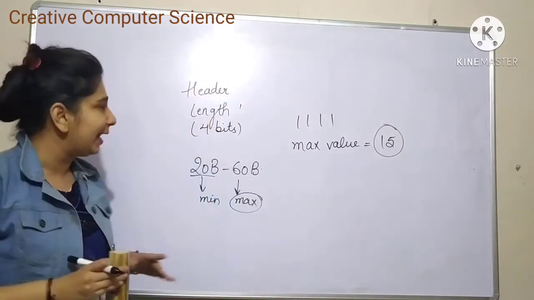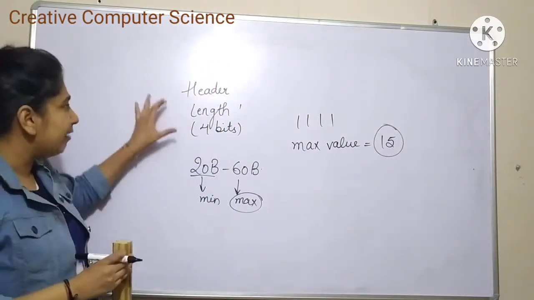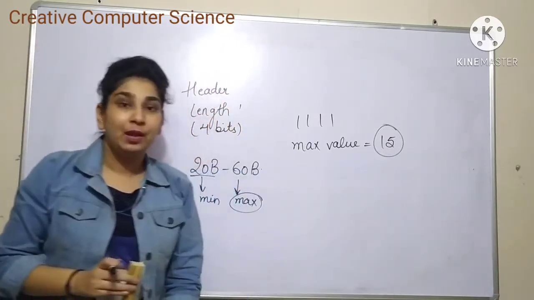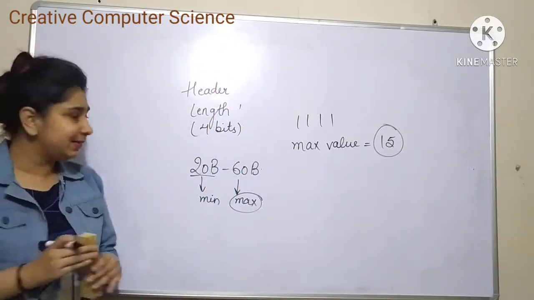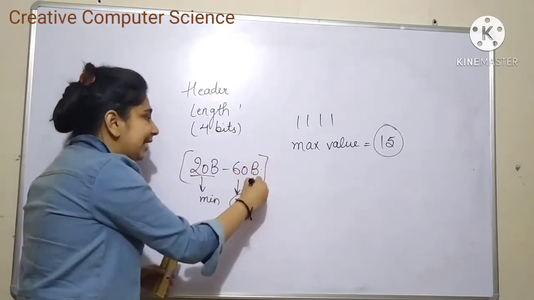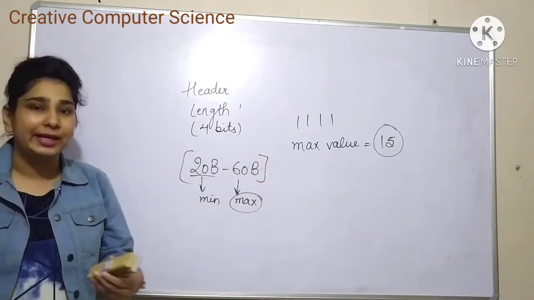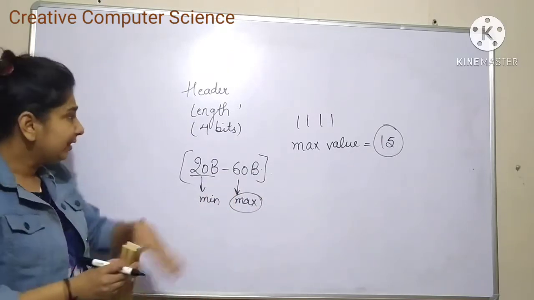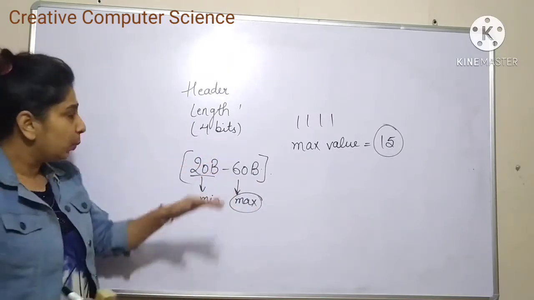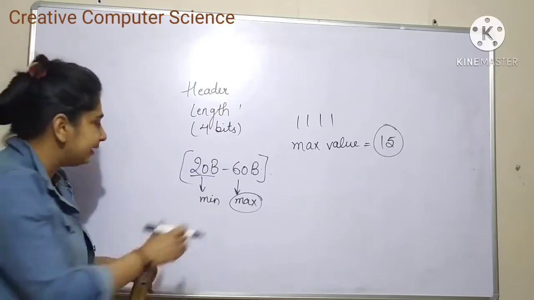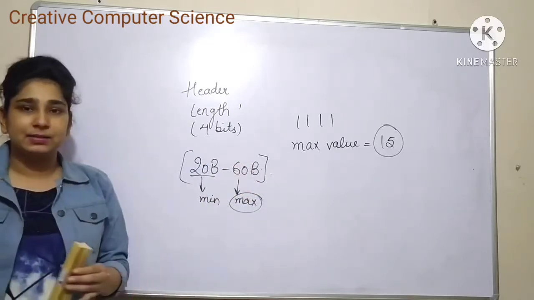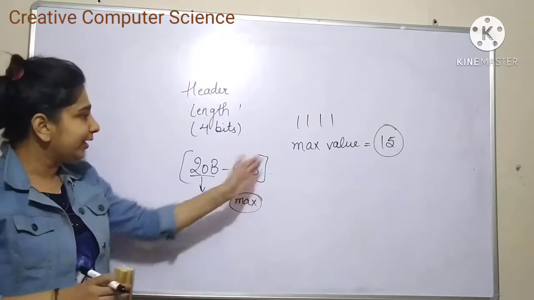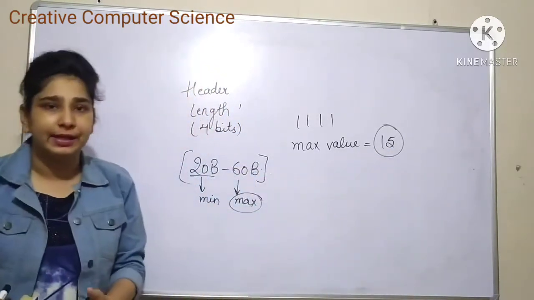The maximum value that we can have in the header length field is actually 15. But if you look at this range, the total length of the header ranges from 20 bytes to 60 bytes. With just 4 bits, we are not able to represent 20 to 60 bytes. With 4 bits, the maximum possible value we can have is just 15.